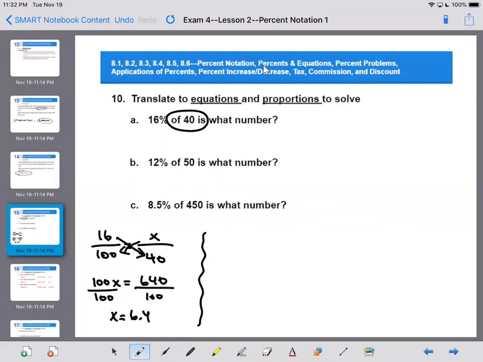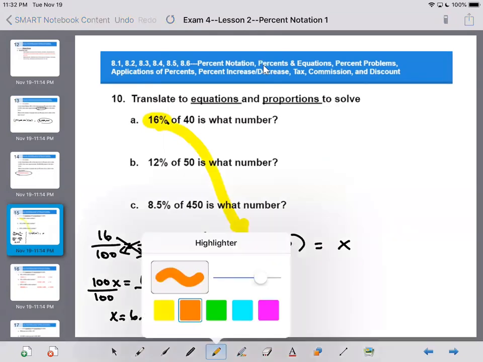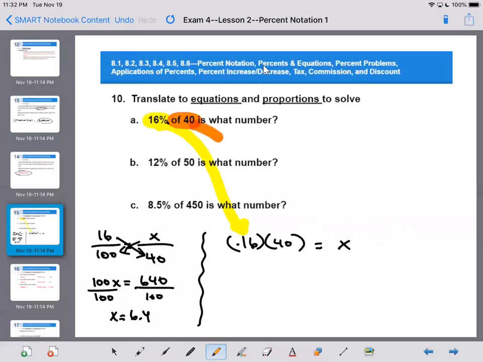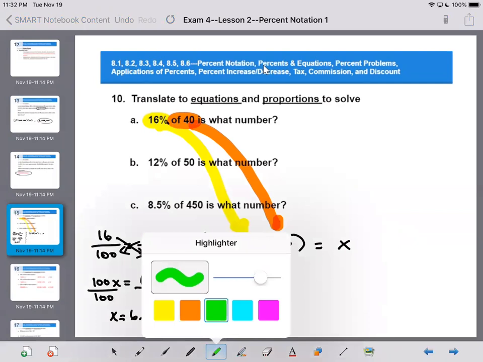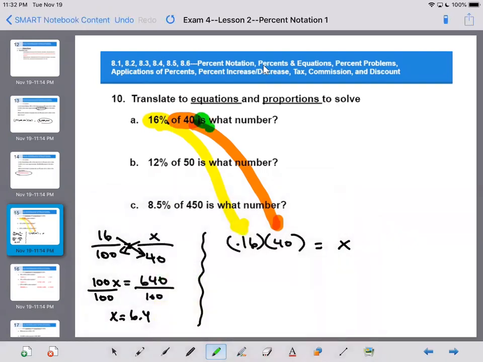Or we can write this as an equation. We want to take 16% of 40 is what number? I want you to see that the 16% is written as a decimal, of 40 to show that it's being multiplied, and notice that the "is" represents the equal sign.